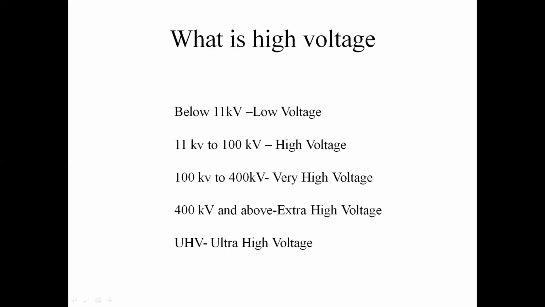And this is talking about transmission. Similarly, any voltage range between 11 kV to 100 kV can be termed as high voltage. Any voltage between 100 kV to 400 kV can be termed as very high voltage. And a voltage of 400 kV and above can be termed as extra high voltage.